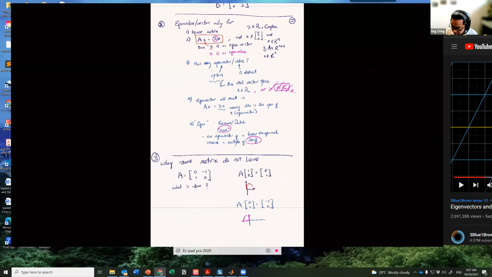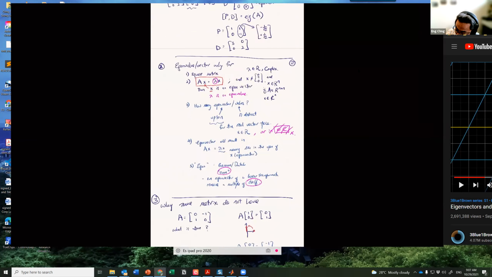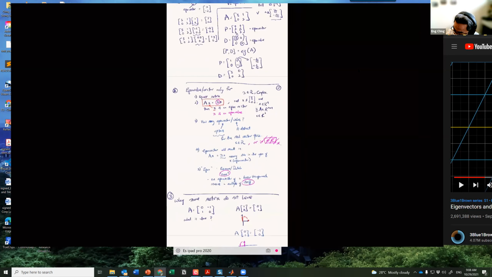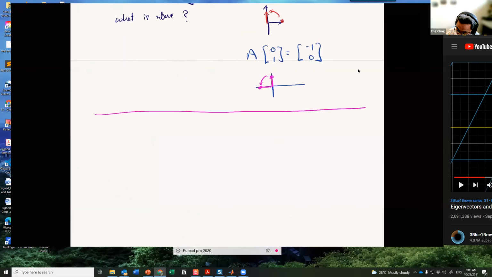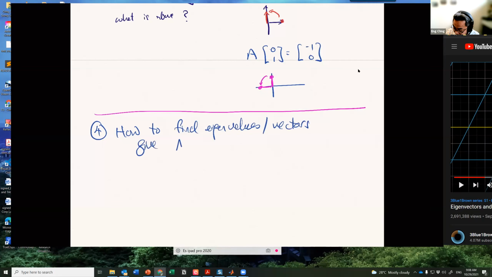Once we have a big overview, the next problem we want to solve is page 4: how to find eigenvalues and vectors given A. In the exam, we are going to deal with only these two kinds.